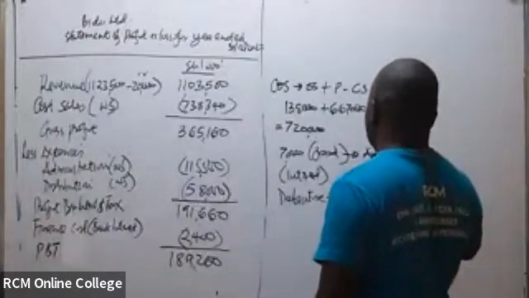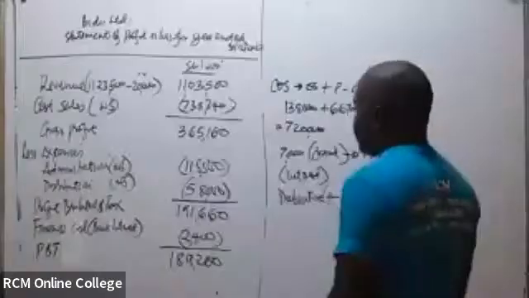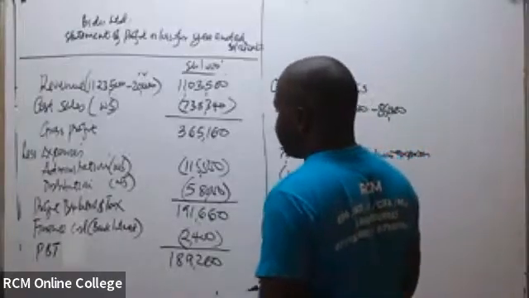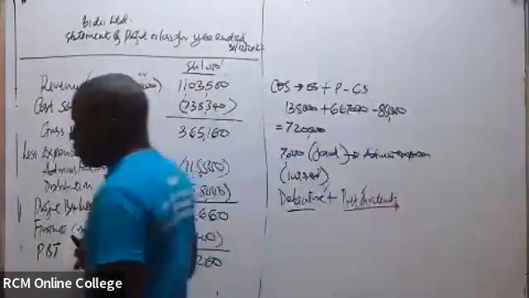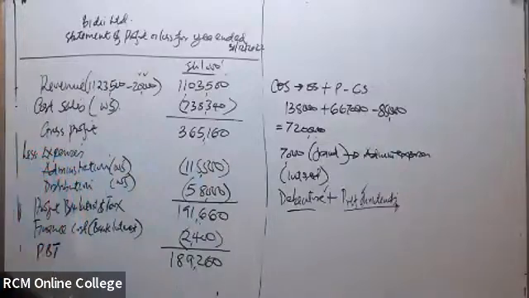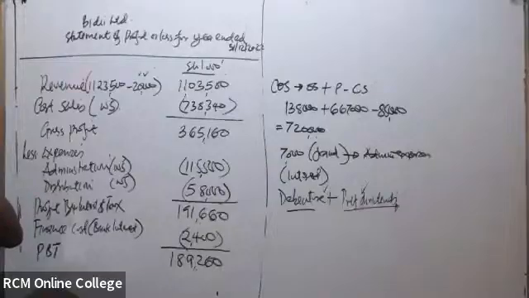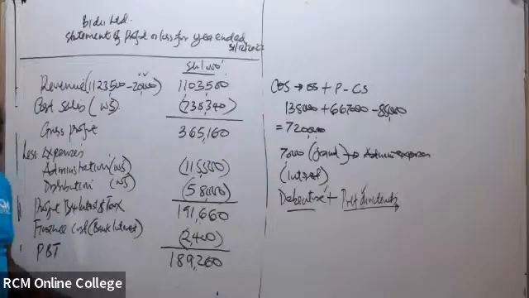But here we don't have these ones, we just have the bank interest. So it becomes our finance cost. The finance cost is normally comprised of any form of interest that the company might have had to pay. That gives us profit before tax of 189,260.